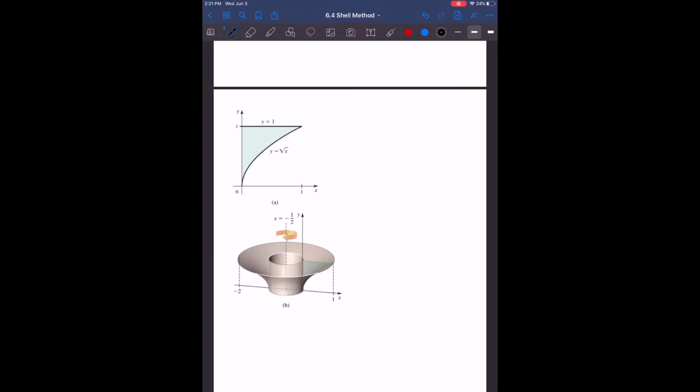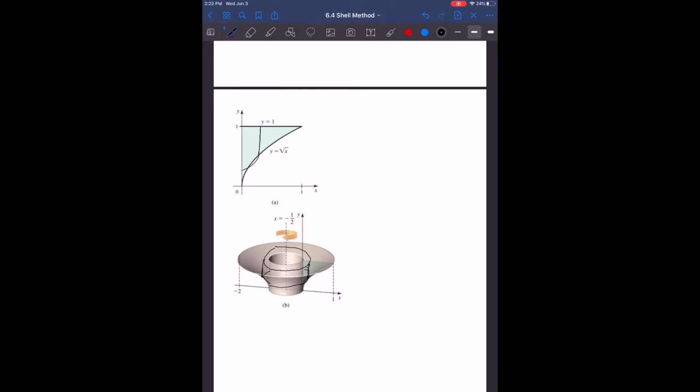So if we draw out the shells that we're going to be looking at, and they're very clear in this picture, I would say. We have a shell, and it's going to go down a certain amount, and then in, and it's going to look like this. And this is going to go down.